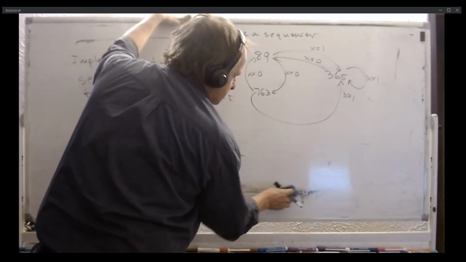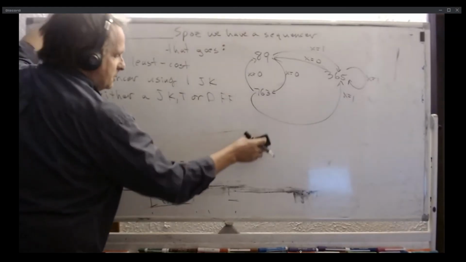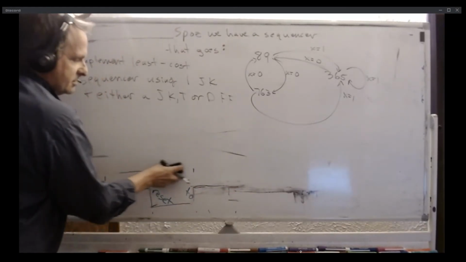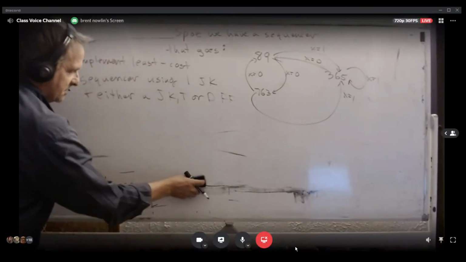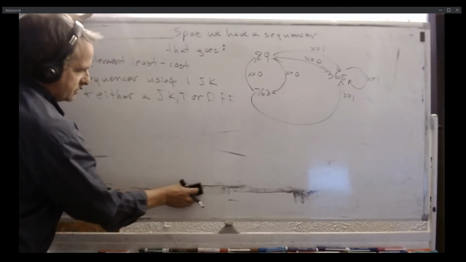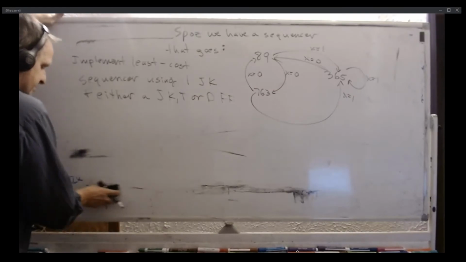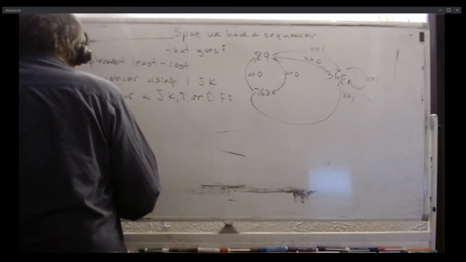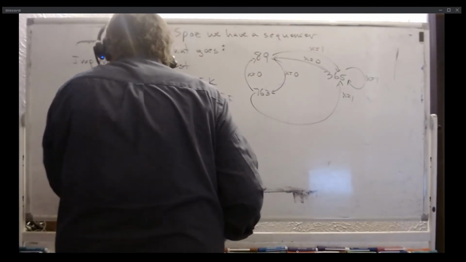Shout it out. Looks like 3, right? So how many flip-flops do we need? 2. Yeah, we need 2. We have 3 states, so log to the 3 flip-flops, if I remember.